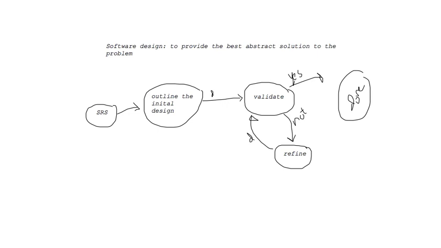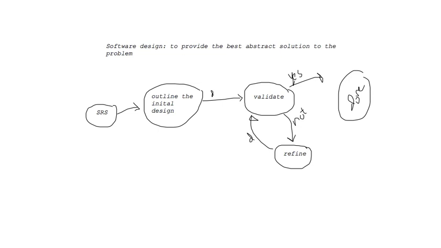So this is how the design process goes on. First we are given the system requirement specification, and then we outline the initial design and do the validation. We do this validation in a few rounds and refine the system, and once it passes all the requirements, then we are done. Then we go for the further processes of the software engineering flow.